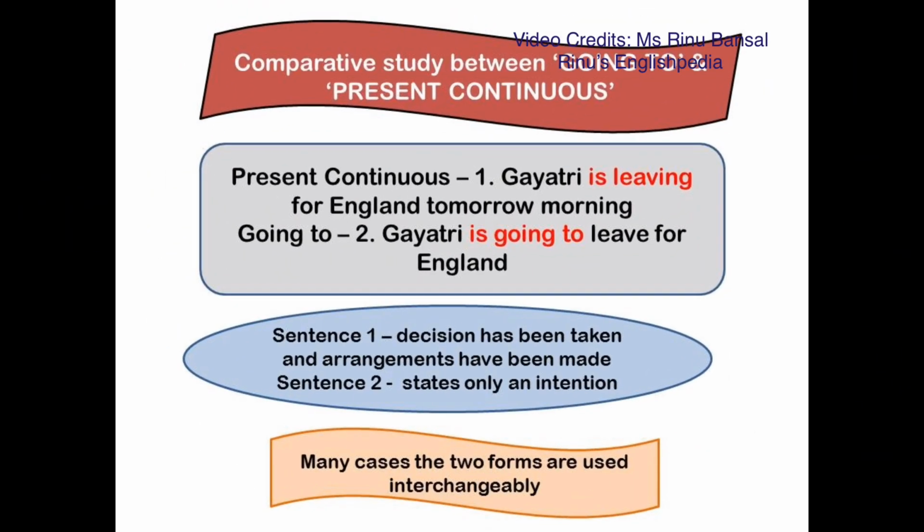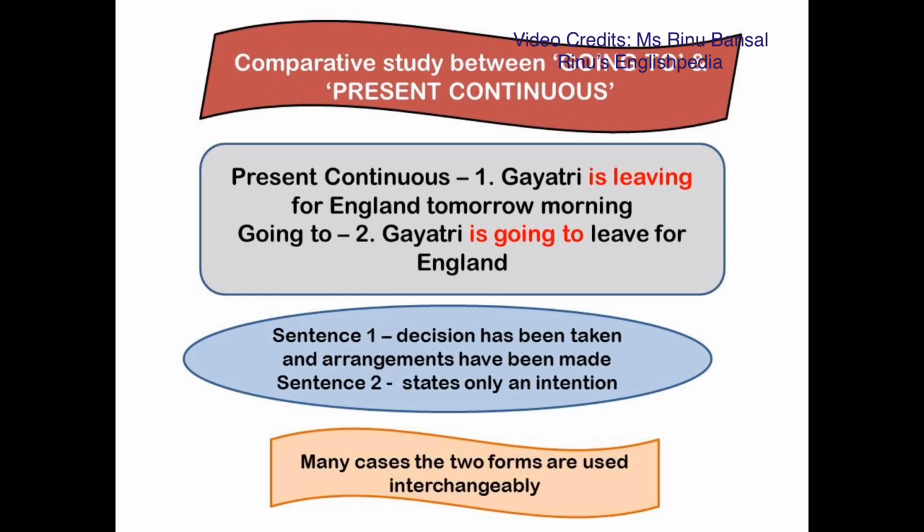In order to understand the difference in the usage of going to and the present continuous, kindly look at the following statements. The first sentence, which is in the present continuous form, is Gayatri is leaving for England tomorrow morning, and the second sentence, which is in the going to form, is Gayatri is going to leave for England.